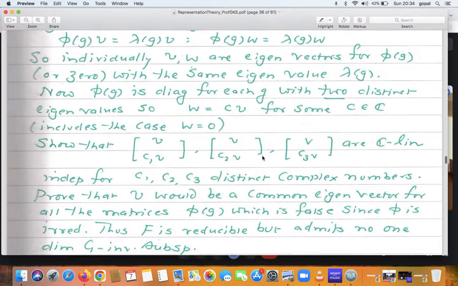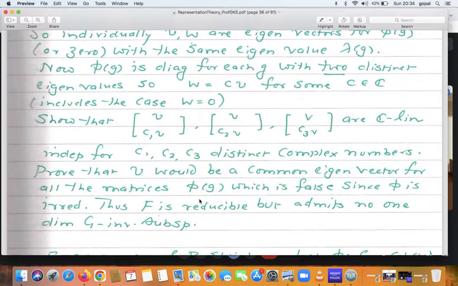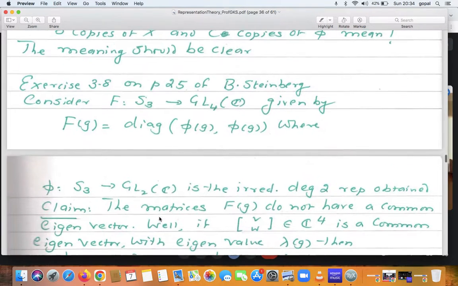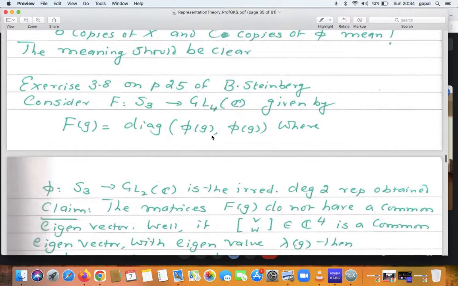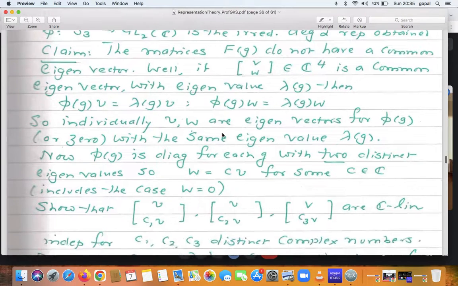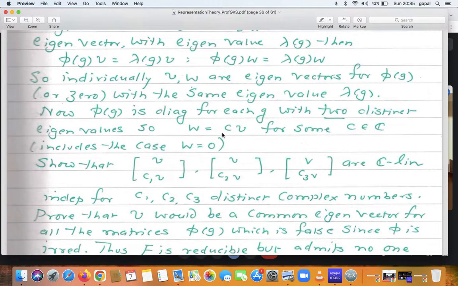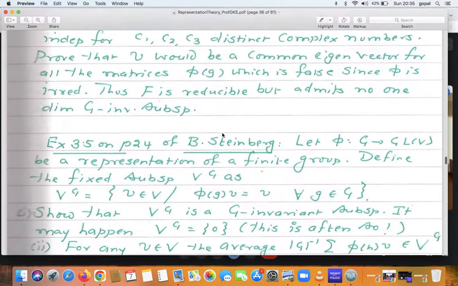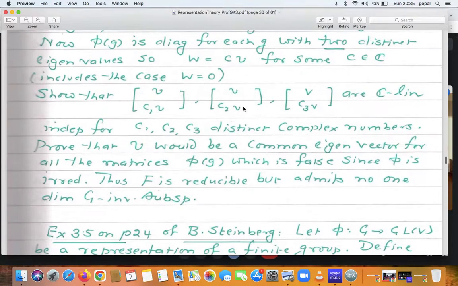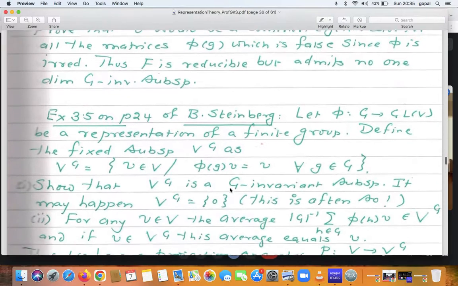So the theorem that we proved for a degree 2 or degree 3 representation is that if it is reducible, then all the matrices must have a common eigenvector. That result is clearly false for a degree 4 representation. This is pretty easy, and I worked it out.